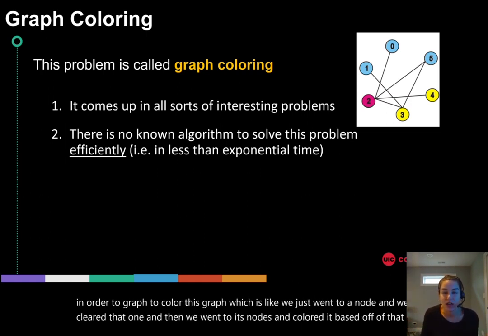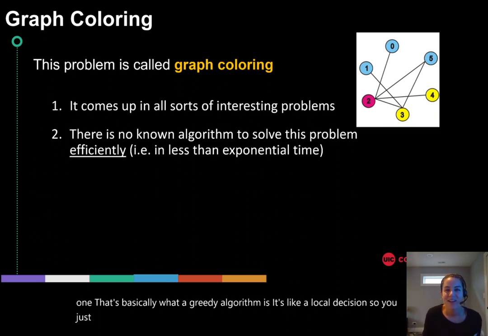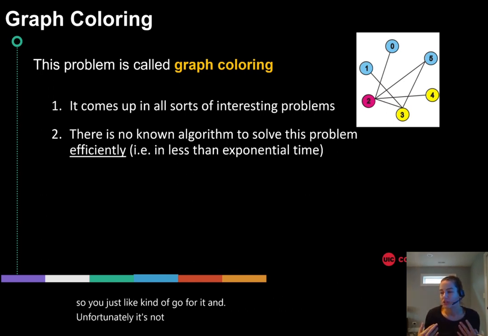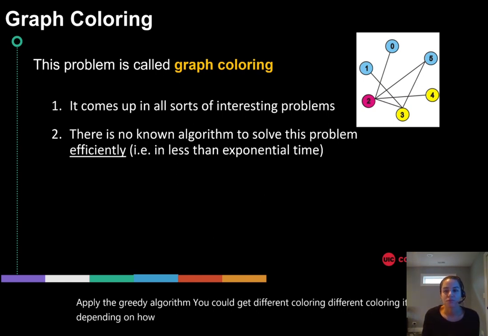That's basically what a greedy algorithm is. It's like a local decision. So you just kind of go for it. And unfortunately, it's not deterministic. So, as you apply the greedy algorithm, you could get different coloring, depending on how you applied the greedy algorithm.